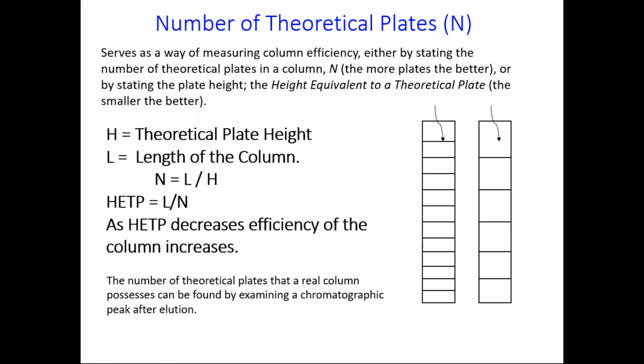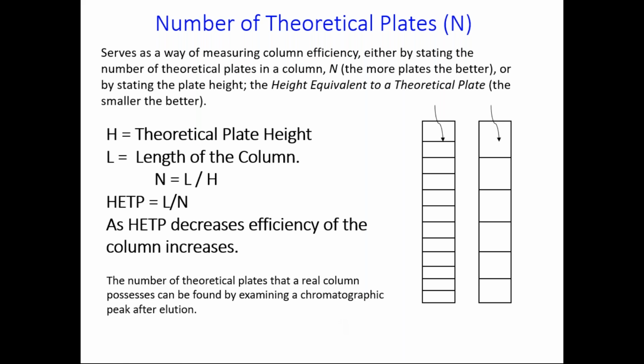This is very clear, because if you have a higher number of n, that is the number of plates over here, the separation increases. The number of theoretical plates that a real column possesses can be examined by a chromatographic peak after elution, which will be discussed in detail when I explain high performance liquid chromatography.